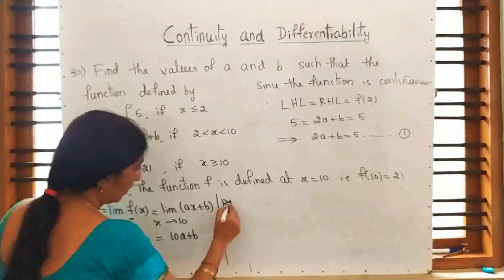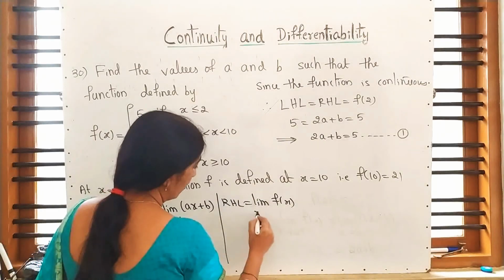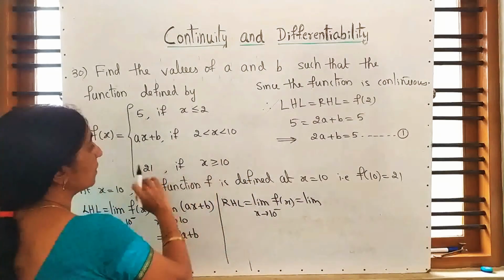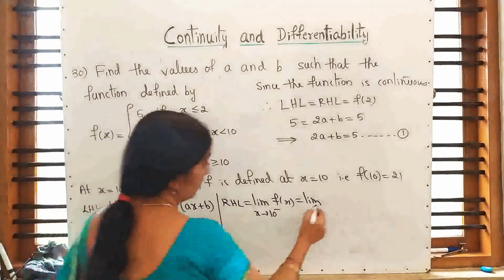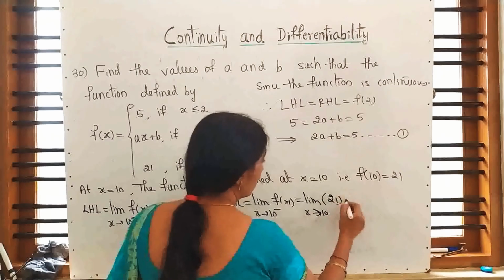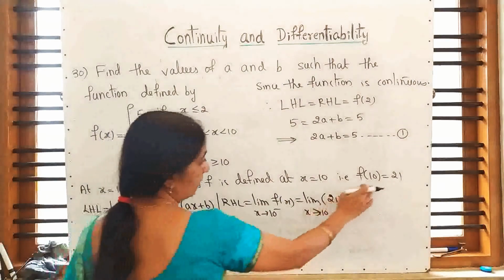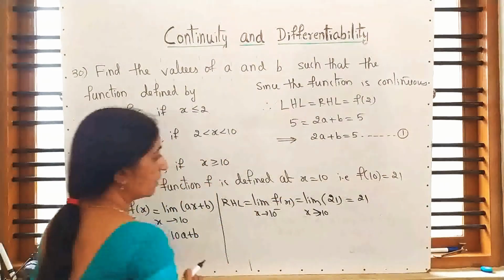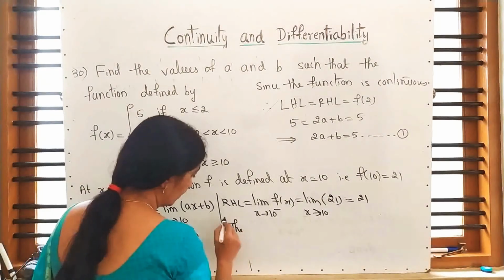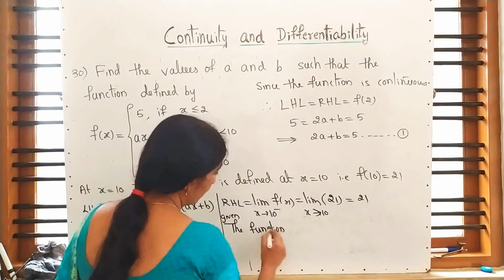Left hand limit is 10a plus b. What is the right hand limit? Limit f of x as x tends to 10 plus. Here x is greater than 10 is present in the last expression, 21, as x tends to 10. Here there is no x, so the answer is 21. Left hand limit is 10a plus b, f of 10 is 21 and right hand limit is 21. It is given that the function is continuous.